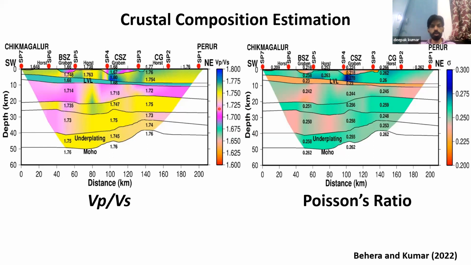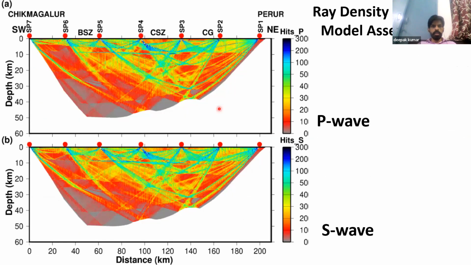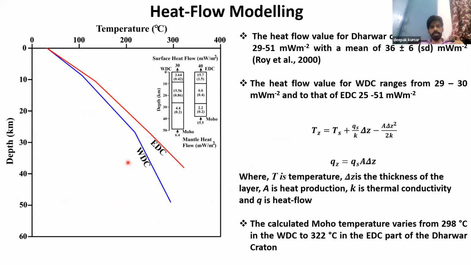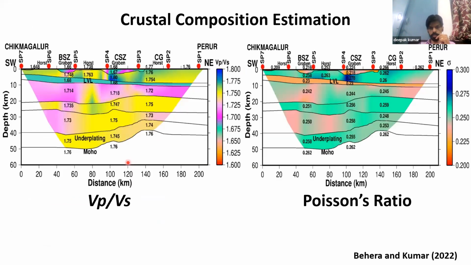But these structures were not present in my what? This one. See, this looks so simple. But when I did VP by VS analysis and Poisson ratio analysis, we see that numerous structures are popping out, and we see how the lithological values are varying laterally and horizontally.